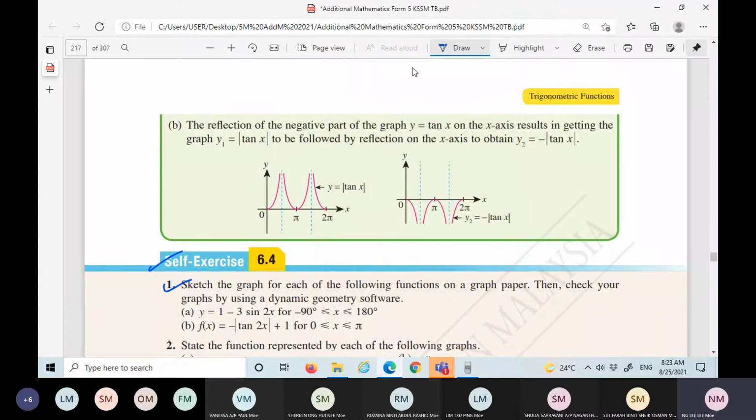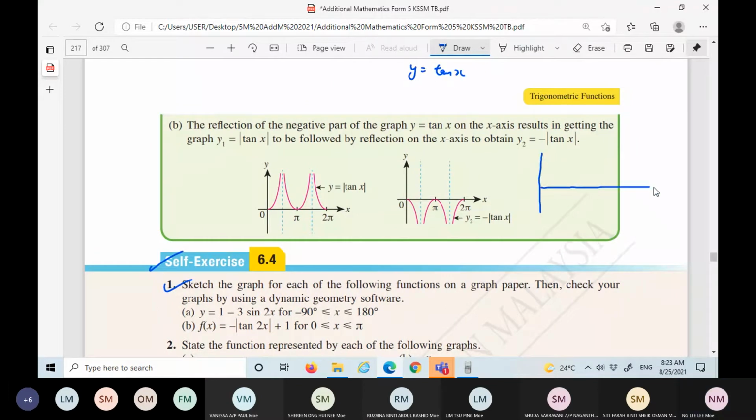The blue, y equals tangent x, the original one. Here is the pi, here is 2 pi. This is blue, the original y equal tangent x.